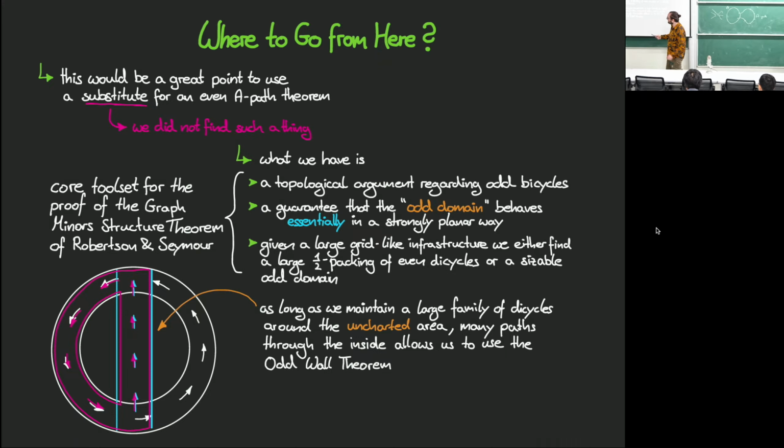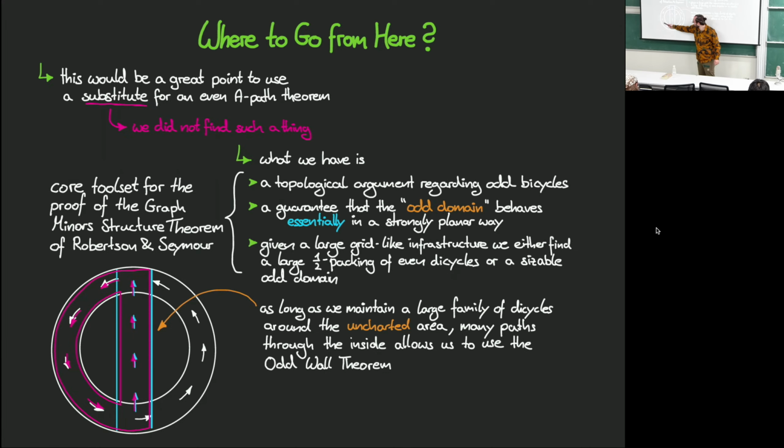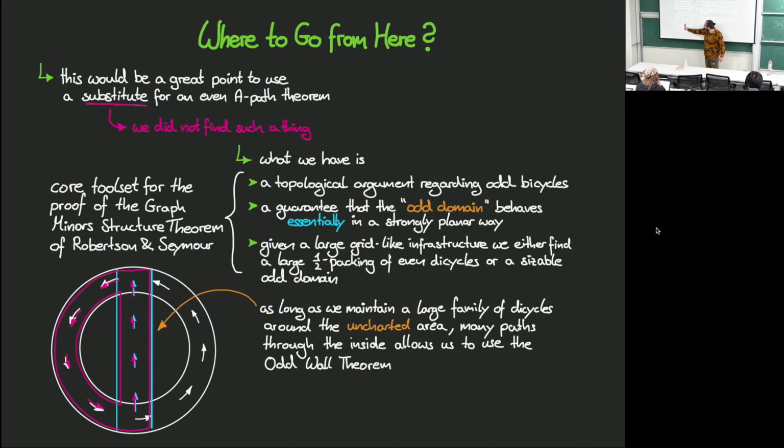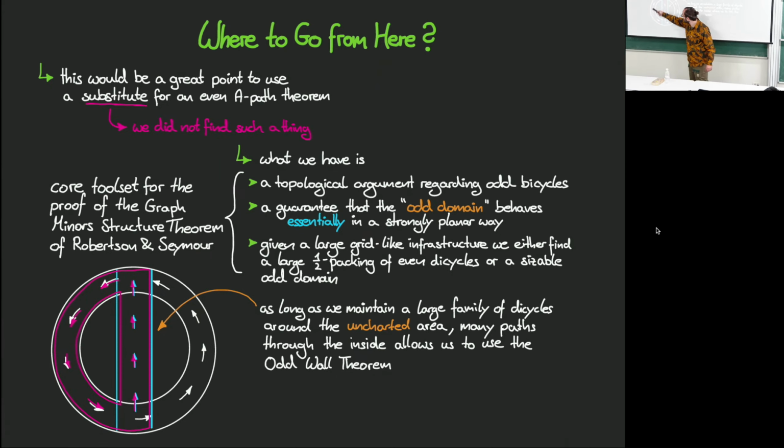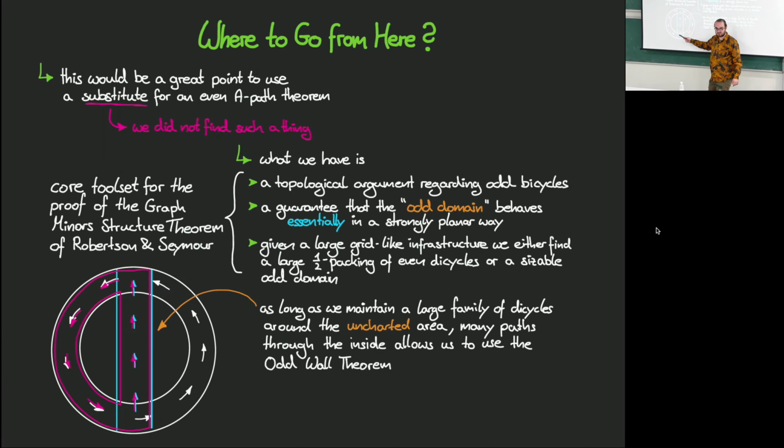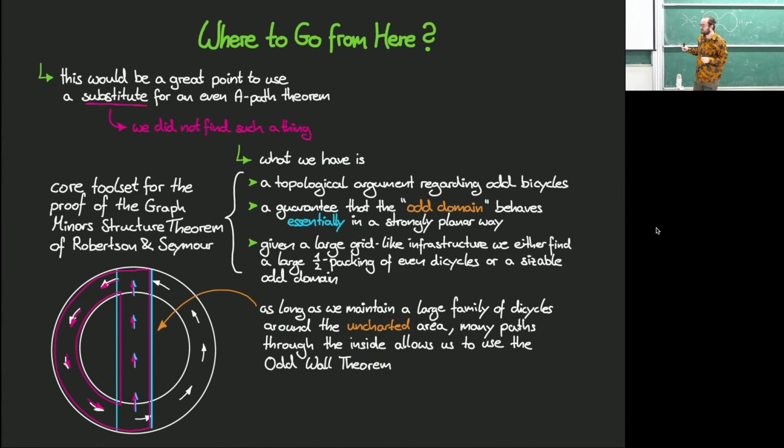The way we're going to do this is we start out with our cylinder, and then we ask for large linkages that start on one side of the cylinder, run through the even area, and then connect into the cylinder again on the other side. If we manage to maintain lots of directed cycles around the even domain, then this allows us to proceed with this kind of carving in a recursive way.